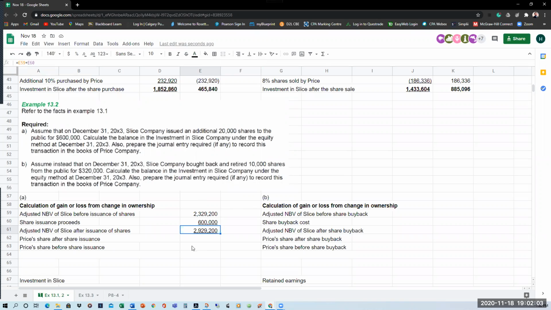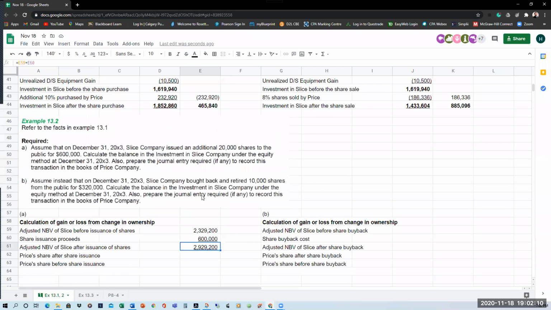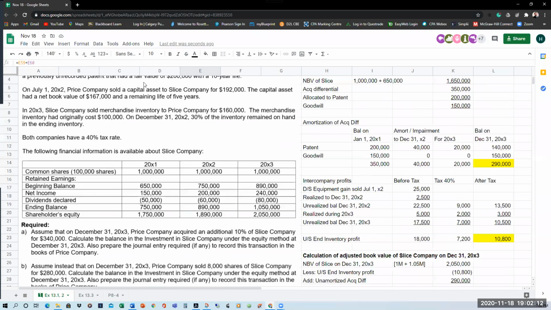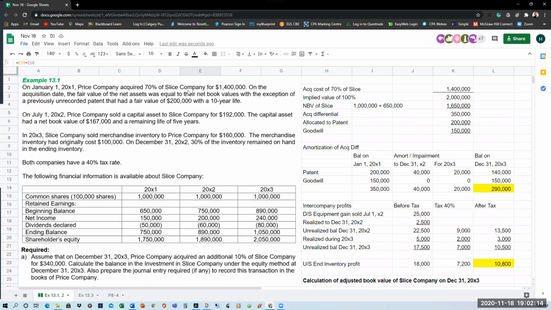Now, our friend Price didn't buy any of these 20,000 shares. Price had purchased 70% of Slice Company on Jan 1st, 2001. The total number of shares for Slice at that time was 100,000 shares. 70% of 100,000, Price Company owns 70,000 shares.